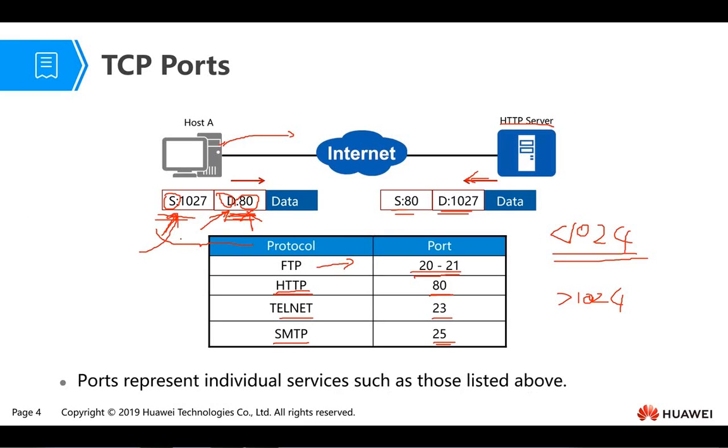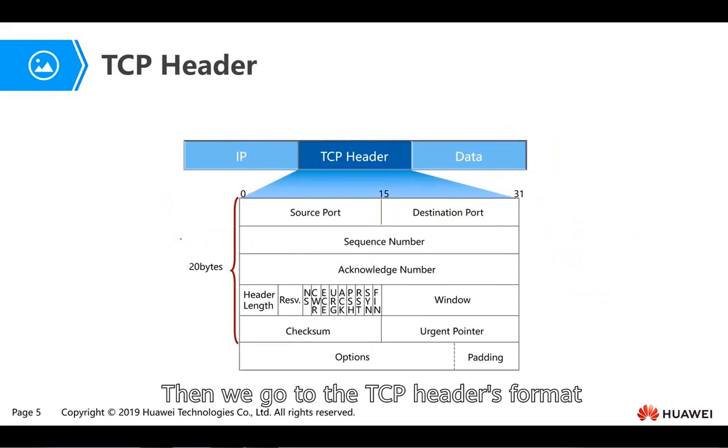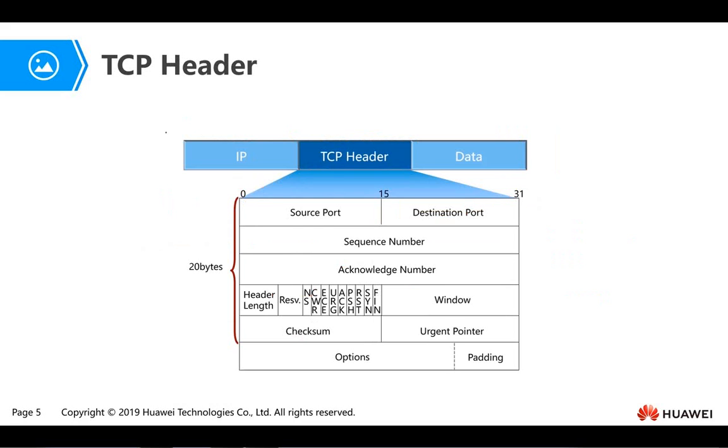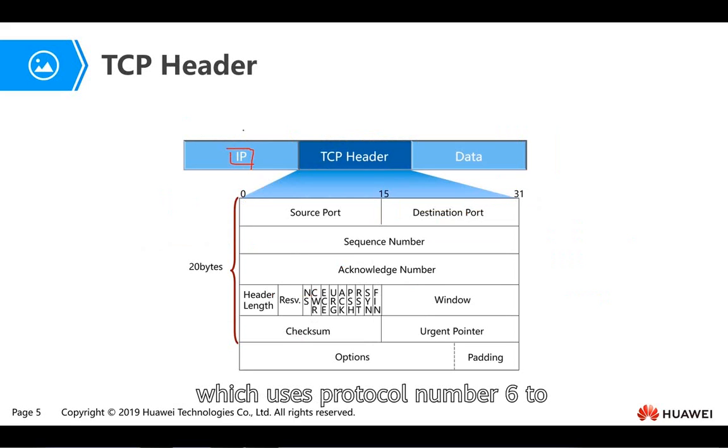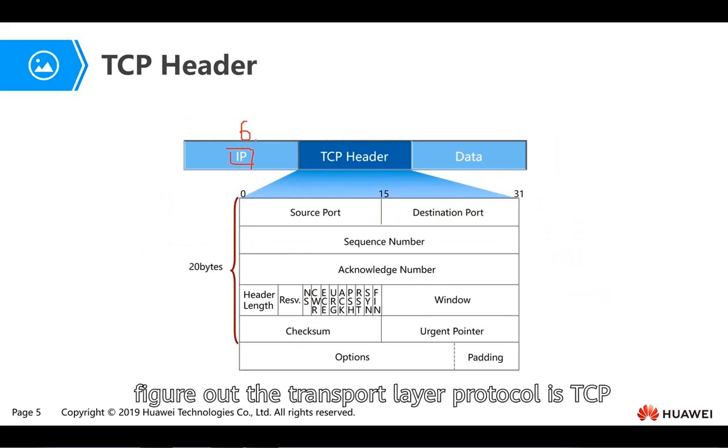This is the TCP port, and then we go to the TCP header format. In the IP header, there is a protocol field that uses protocol number 6 to indicate the transport layer protocol is TCP.